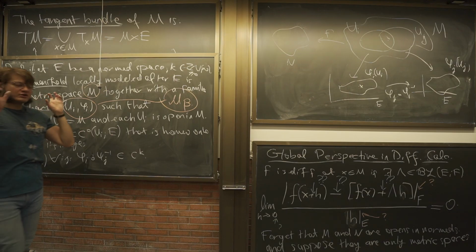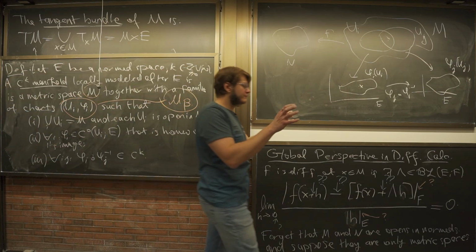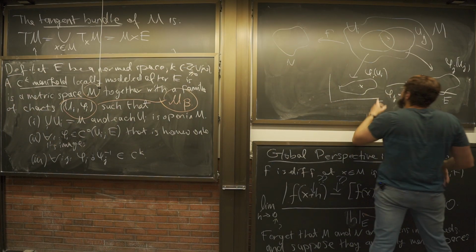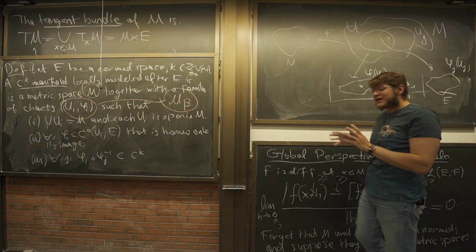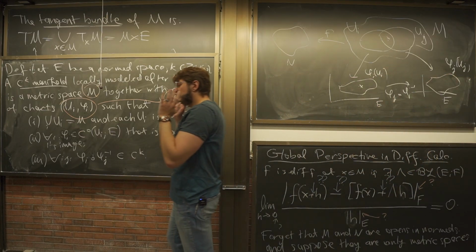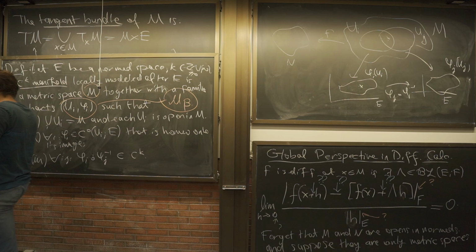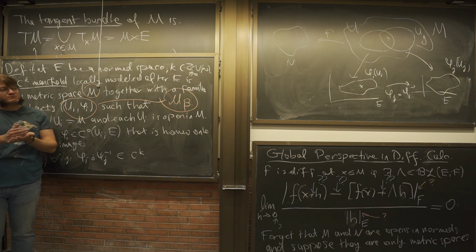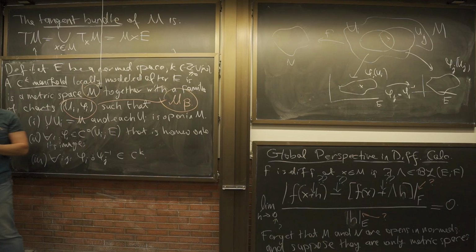We just focus on what happens between open subsets of norm spaces. Then you don't have any of these issues. So in a sense, by focusing on differential calculus for functions defined on open subsets, we're putting you in the seat of a general. There's a war going on, and you see the whole thing. The global perspective is you only see what happens near you.